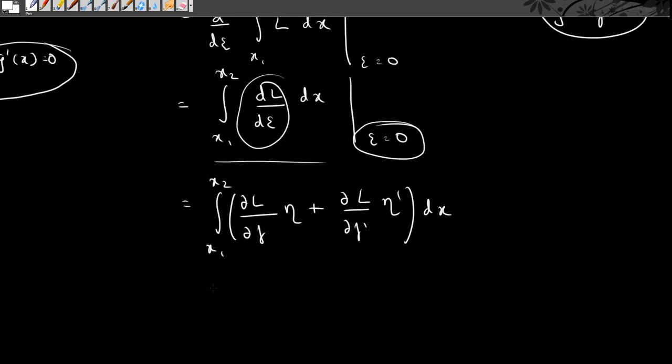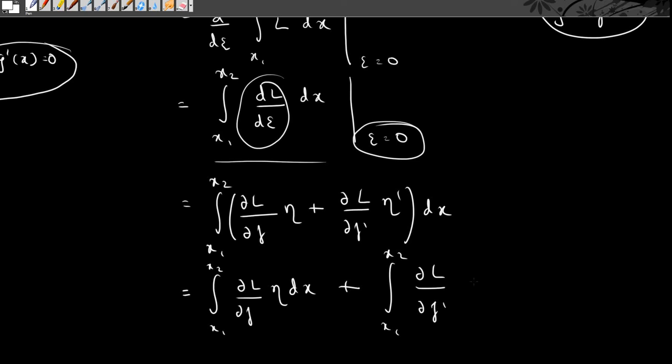Okay, so this becomes equal to integral x1 to x2 dou L by dou f times eta dx plus integral x1 to x2 dou L by dou f dash into eta dash dx.